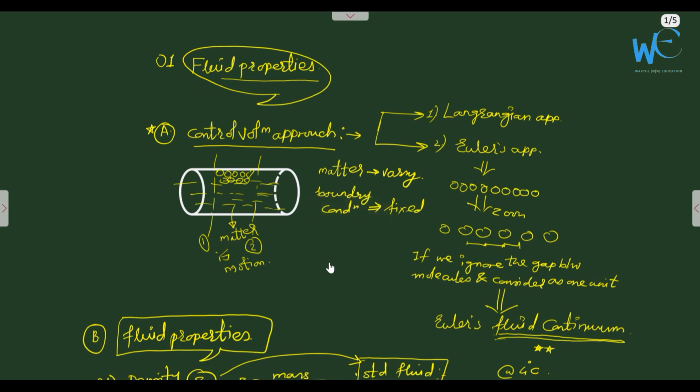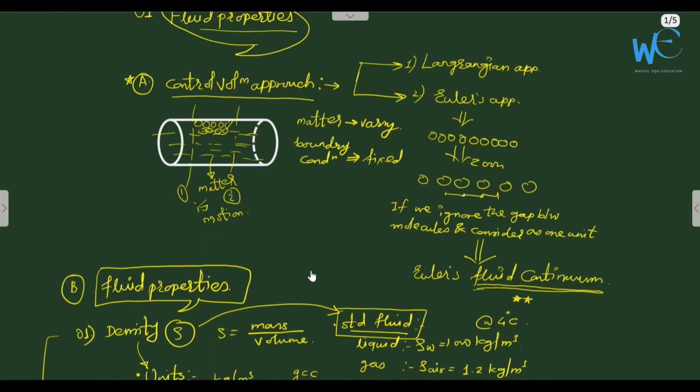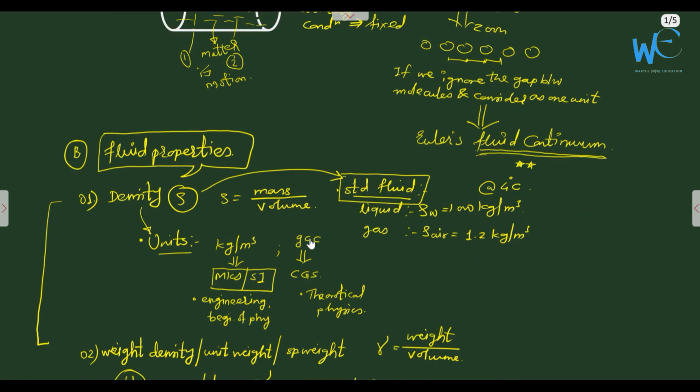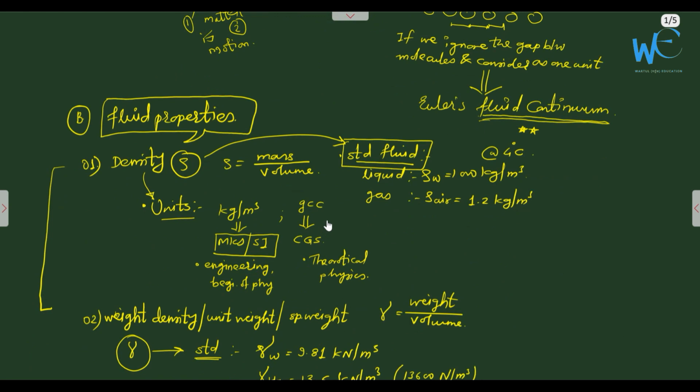So let's jump into our next headline, which is fluid properties. Here again are very basic and kind of similar properties we are going to discuss. First one is density. We will denote it as rho.